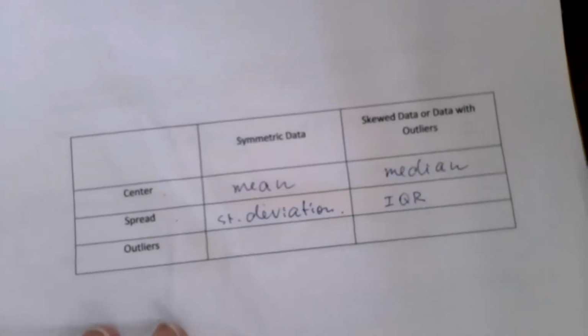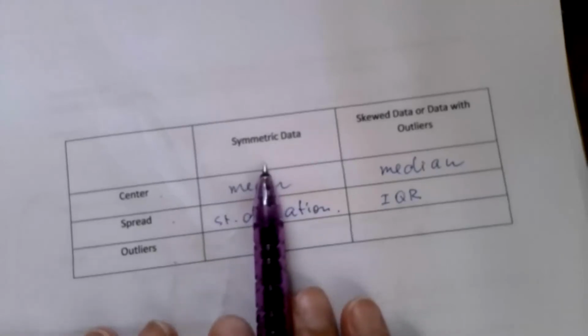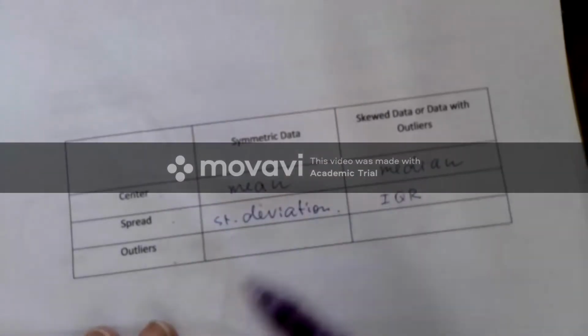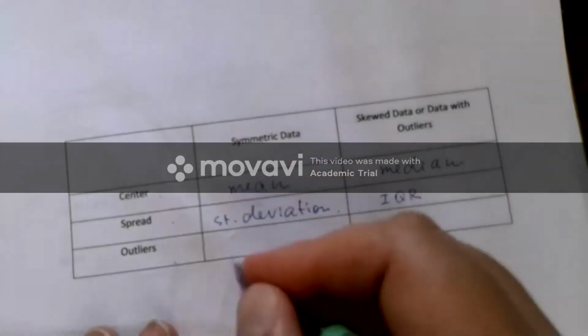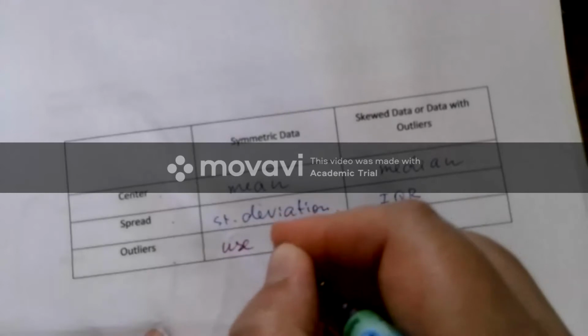Okay. Now, one other thing is outliers. How do we identify outliers? When your data is symmetric, then we use z-scores.